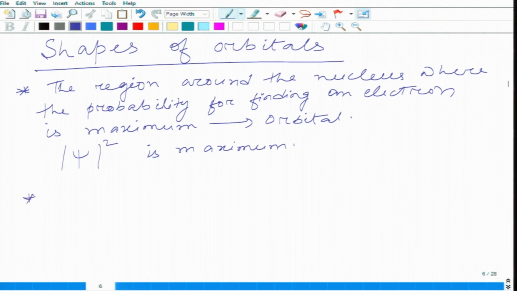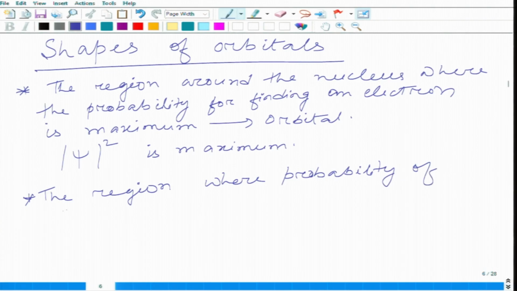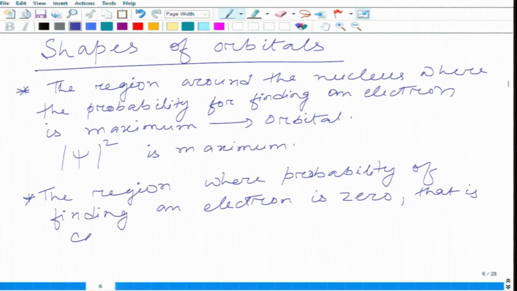Now, the region where the probability of finding an electron is 0 is called a node or nodal surface.